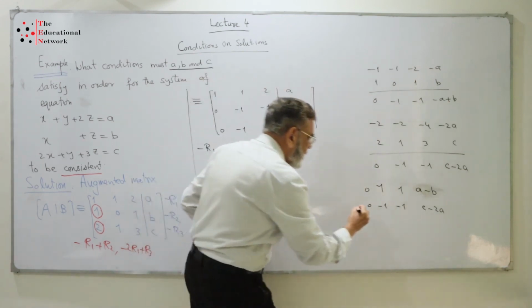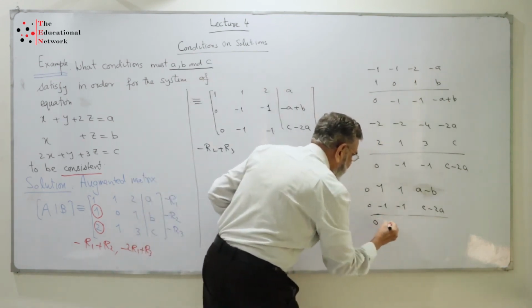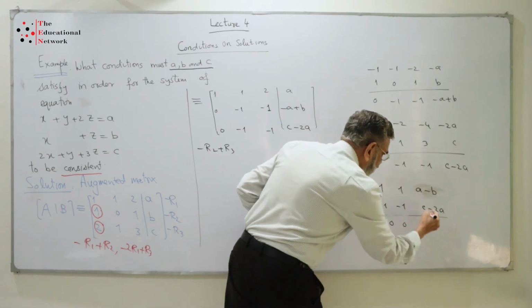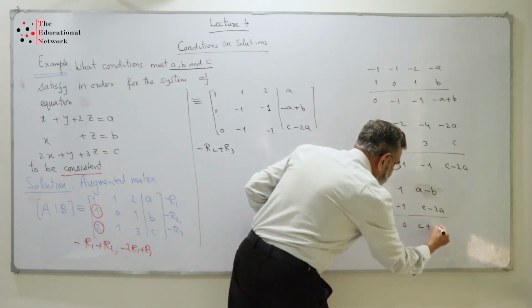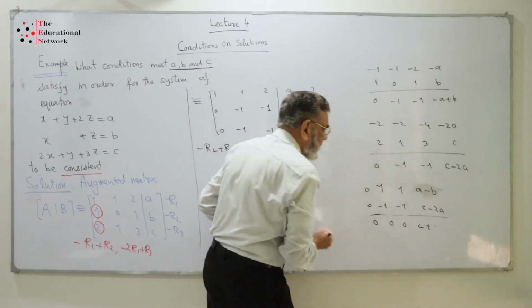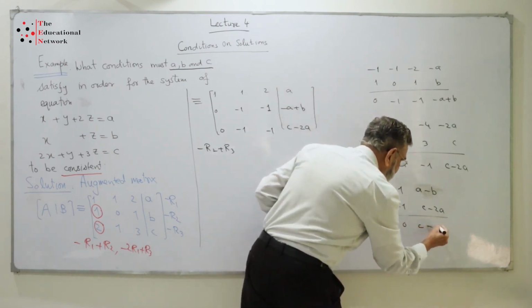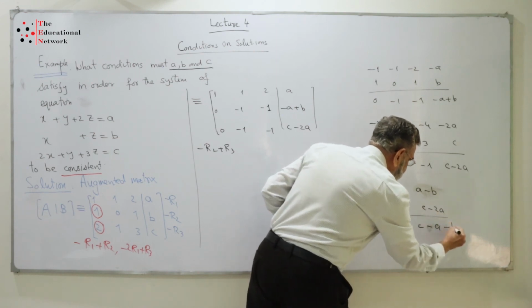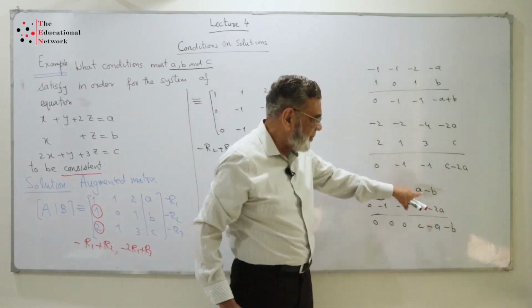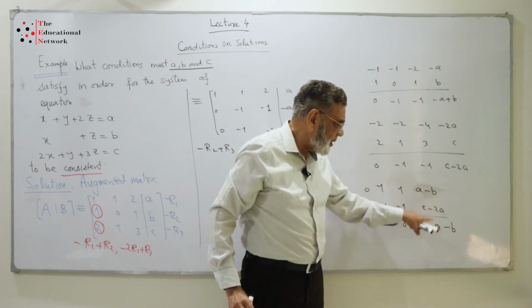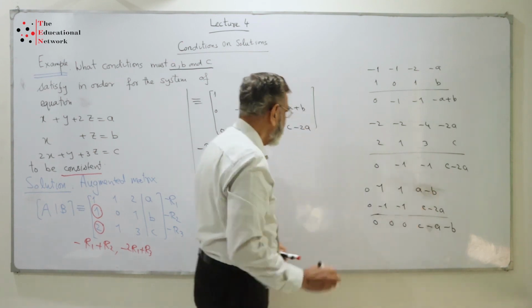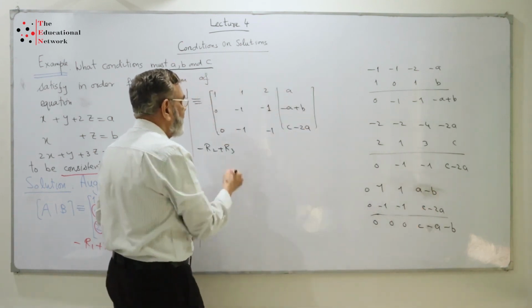Adding this, I get 0, 0, 0, and c minus 2a minus a plus b. Again, look here. I have a plus a and minus 2a. Adding, we get minus a, and c is plus and b is minus. So my last row will change.